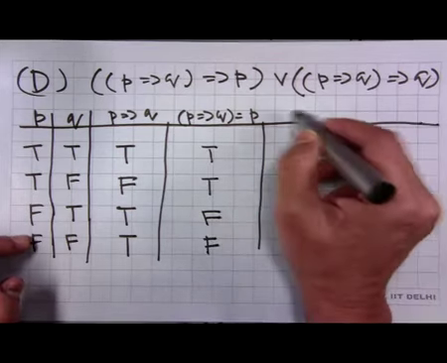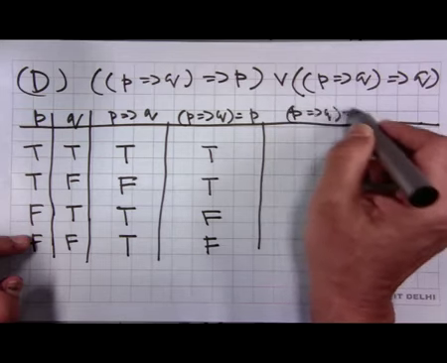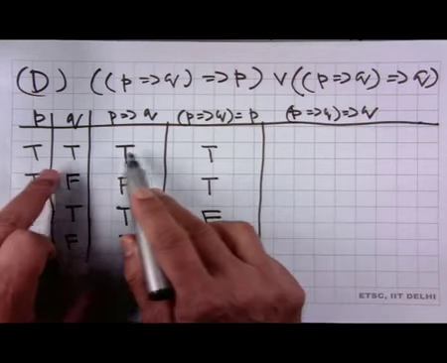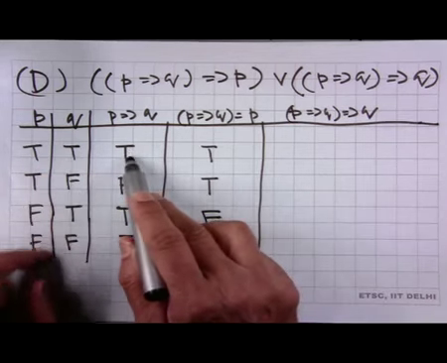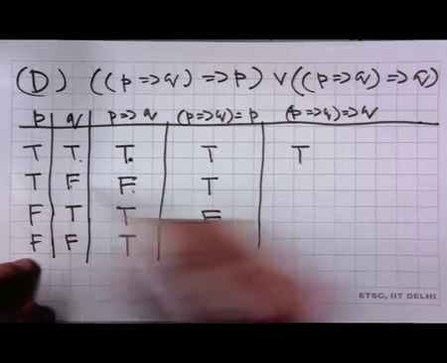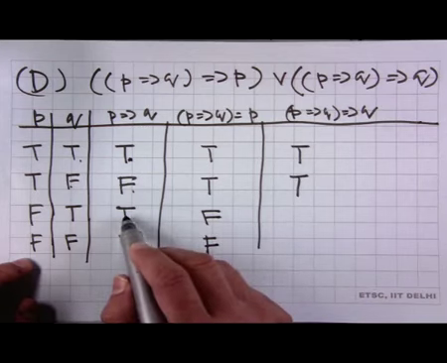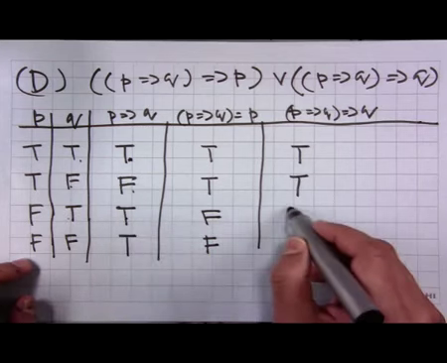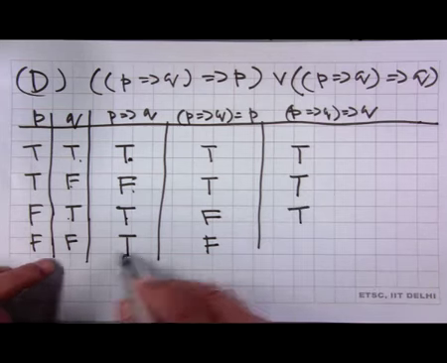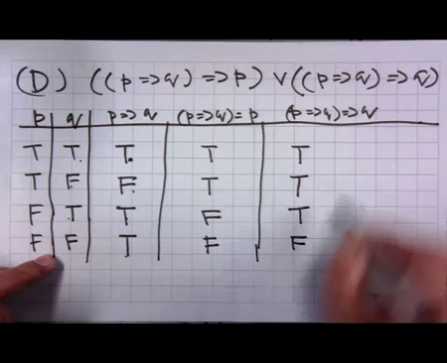Now, what is P implies Q implies Q? P implies Q, T implies T is T, false implies false is T, truth implies truth is true, true implies false is false, right.